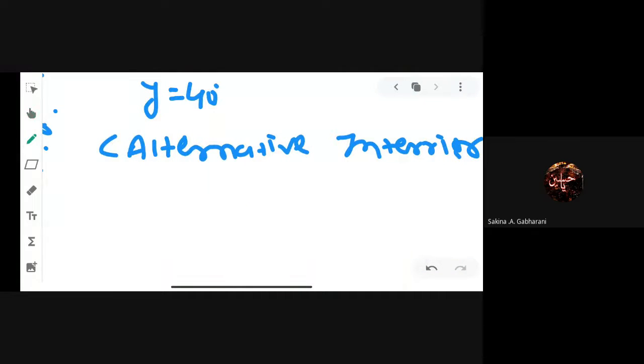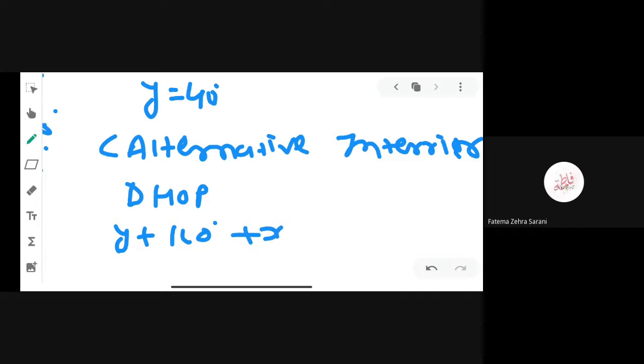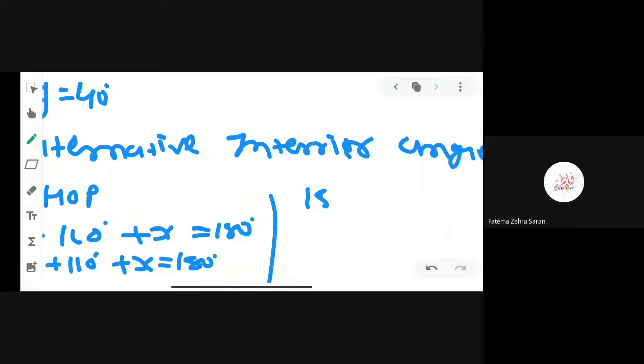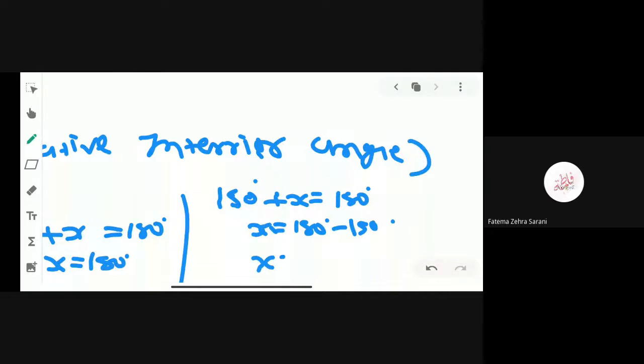In triangle HOP, 40 plus 110 plus z is equal to 180 degrees. So 40 plus 110 is 150 degrees, plus z is equal to 180 degrees. So z is equal to 180 degrees minus 150 degrees. We get z is equal to 30 degrees.